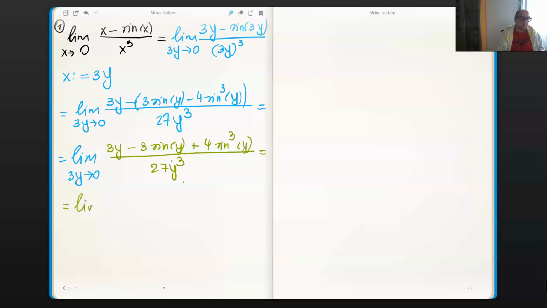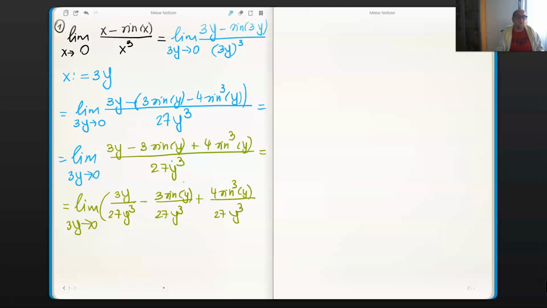What are we doing now? We are separating the fractions. So we have 3y divided over 27y cubed minus 3 sine of y divided over 27y cubed, plus 4 sine cubed of y divided over 27y cubed. Here we can cancel it easily. 3 and 27 are giving us 9, and y and y cubed are giving us y squared.